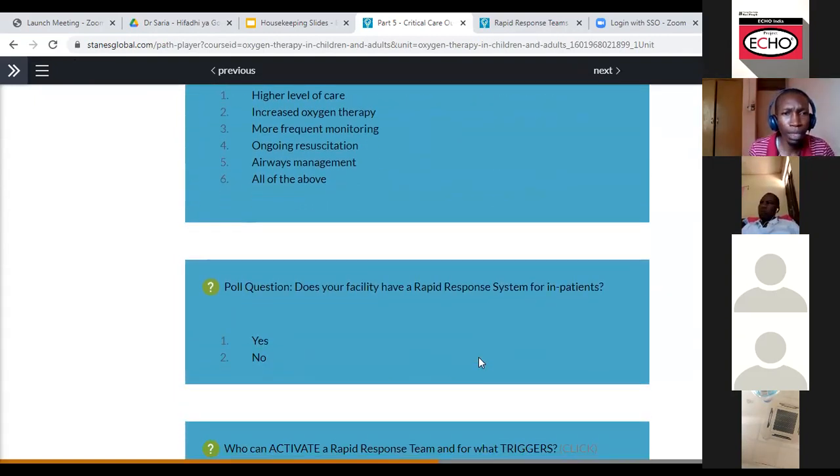Thank you. So here there's a question a little bit on our own settings and our own setup. Do we have these kinds of teams set up in our hospitals or health centers, so that if there's a problem in this particular ward, medical ward, surgical ward, pediatric ward, there are specific people who are known to respond to these critical events and to activate the team, and the team to see what could be the further management for that particular patient.